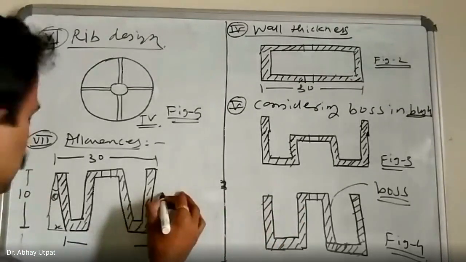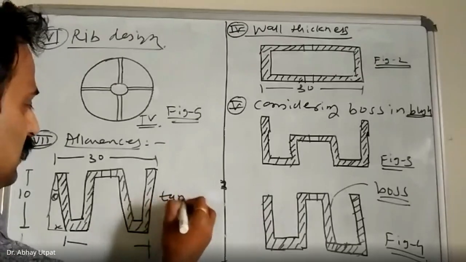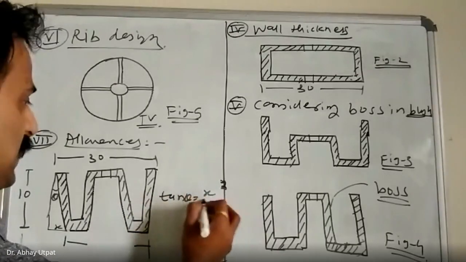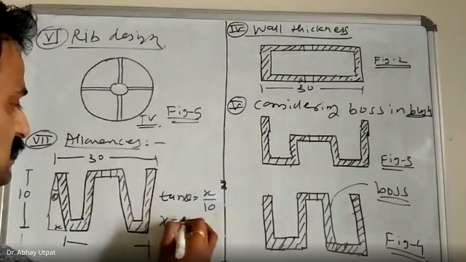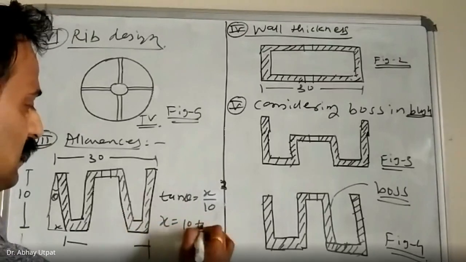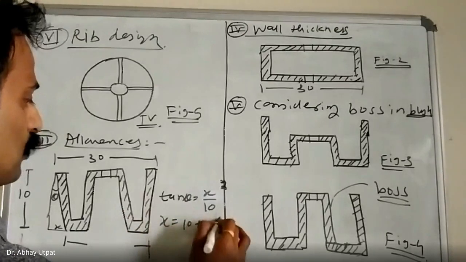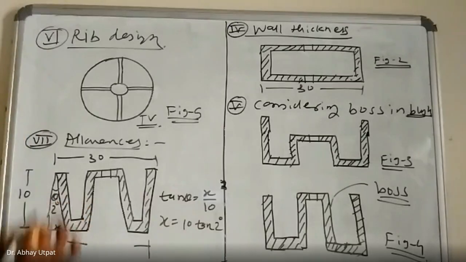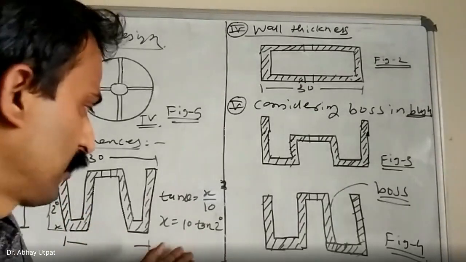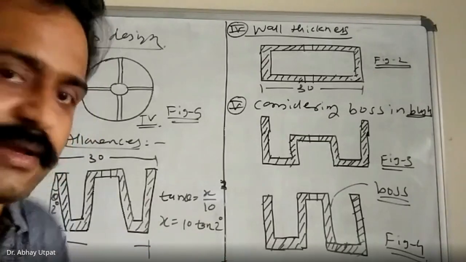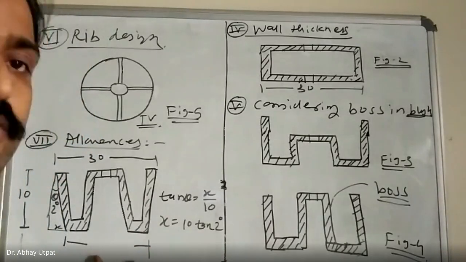How to calculate? Tan theta is equal to x by 10. x is equal to 10 tan 2 degrees. Here usually a 2 degree taper is provided, and whatever dimension comes, that will be reduced from 30 from both the ends.